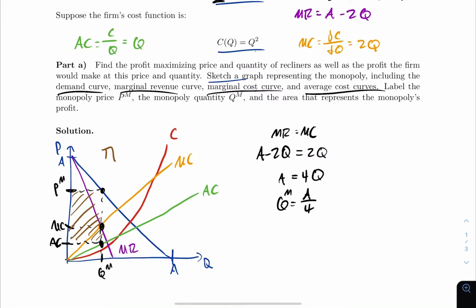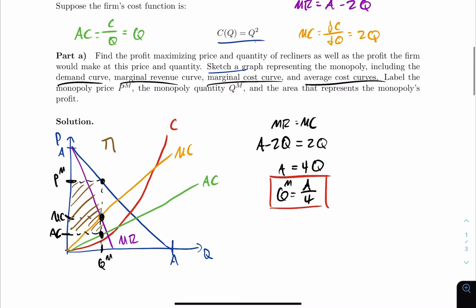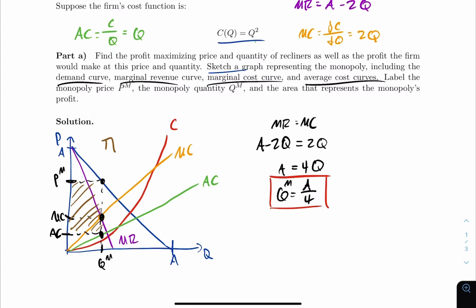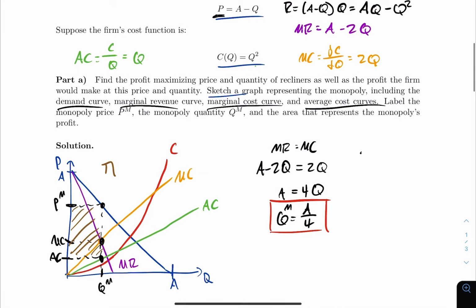So this is our monopolist's quantity. So to find price, all we do is take this and plug it into the demand curve. So we have price is equal to A minus Q, which is A over 4, which comes out to be 3 over 4A.